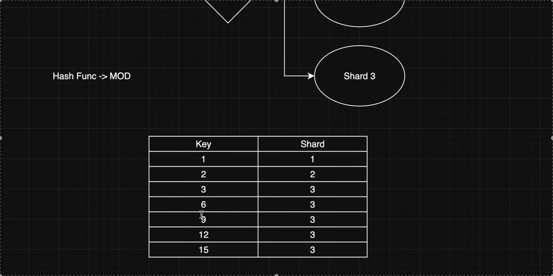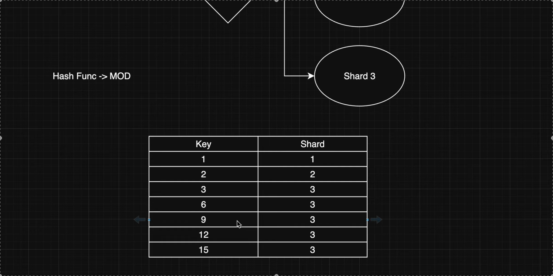So if user ID is 1, you will use mod 3, and you will be redirected to shard 1, for 2 to shard 2, for 3 to shard 3, because here the remainder will be 0. So for 0 I'm referring to shard 3. Okay, similarly, if the next user ID comes as 6, it will again go to 3, 9 again 3, 12 again 3, and 15 again 3.